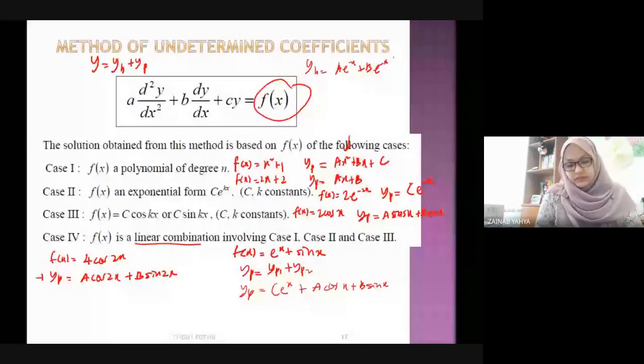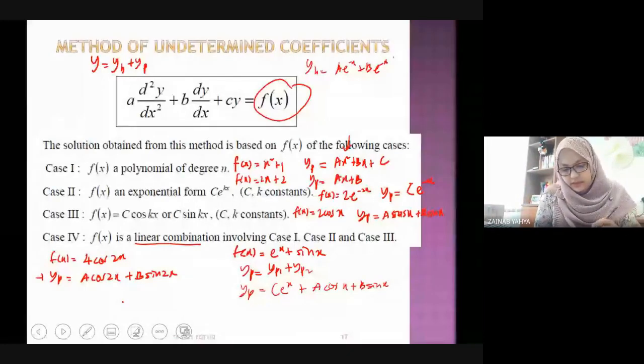Okay, let us learn more on the solution of yp by case. Let me create a whiteboard here. Put the color. Okay, the white screen.